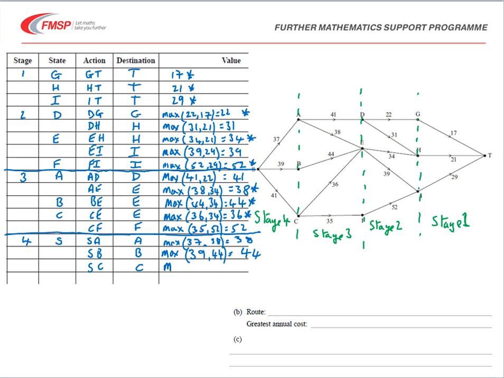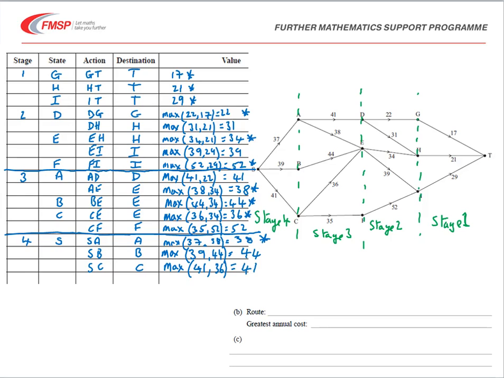And finally SC has a weight of 41 and C a current minimax of 36, so that gives us 41, giving me then the final minimax value of 38.